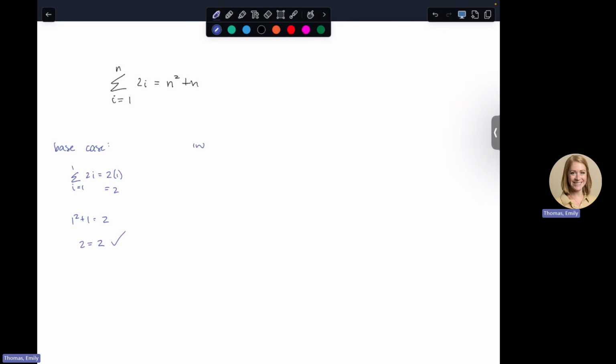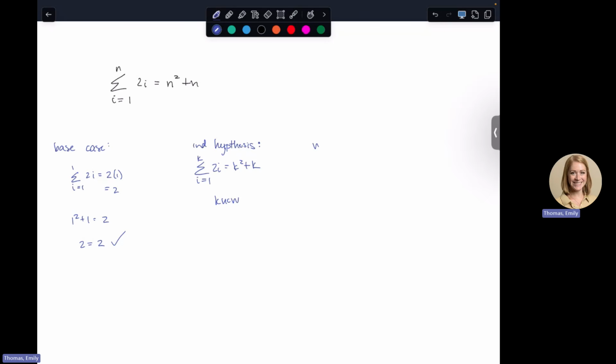For the inductive hypothesis, I'm sorry, Corey, I told you could talk, and I'm just doing all the talking. You are looking at the summation from i equals 1 to k of 2i is equal to k squared plus k.